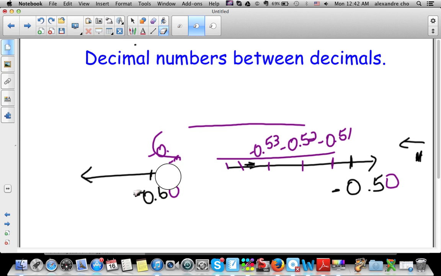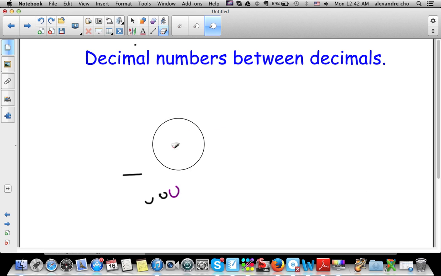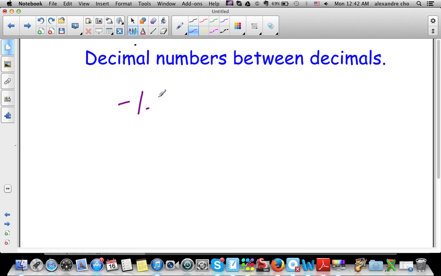I know I said that 3 times already. Okay. But let's do this one. So let's do negative 1.25 and negative 1.26.